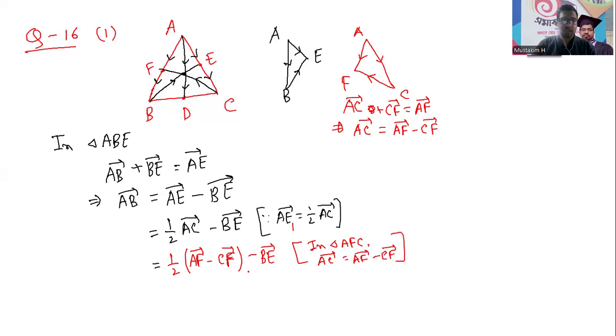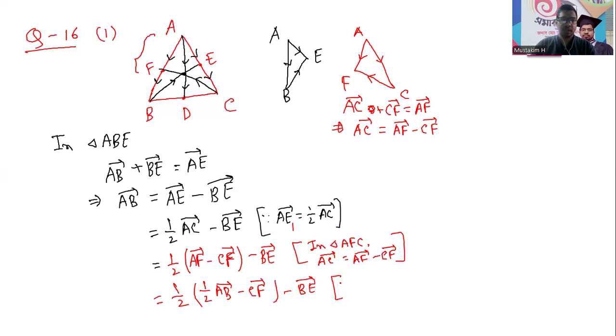Okay. Now, AF vector is half of AB. So AC vector equals half of AB vector minus CF vector, minus BE vector.